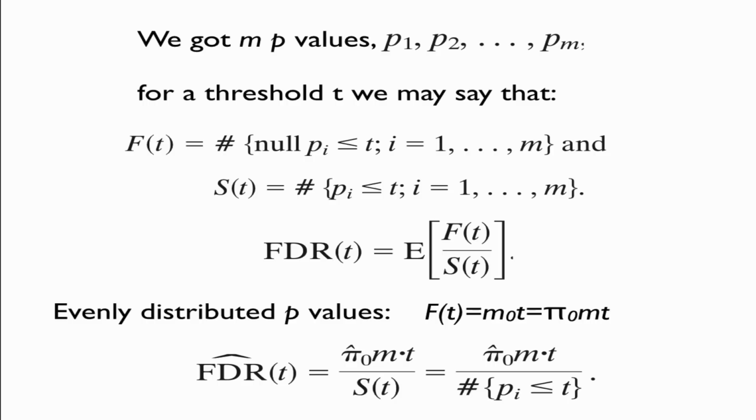So F of t is well estimated by m0 times t, which equals the prior probability pi0 times m times t.